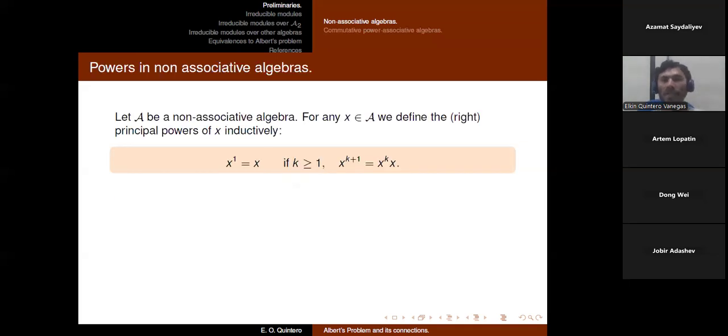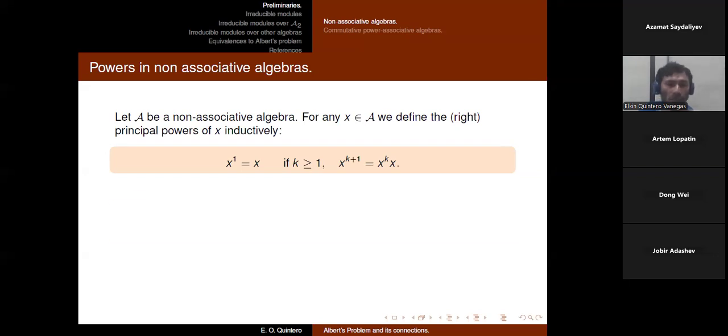In the general case, for non-associative algebras, there are different ways to define the powers of an element. I will use the right principal powers, defined inductively: x to power 1 is just the element x, and for any k greater or equal than 2, we define x to power k plus 1 as x to power k times x.